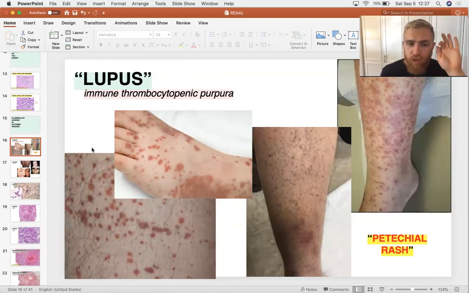Every single small petechial dot corresponds to where the immune complexes get stuck in the blood. So everywhere you see a dot, there's an immune complex at the middle of that dot that's activating neutrophils and macrophages, and complement is involved as well. So you see a patient, a young woman in her 20s or 30s, with a rash like this and joint pain. What's your next test? Anti-nuclear antibodies.